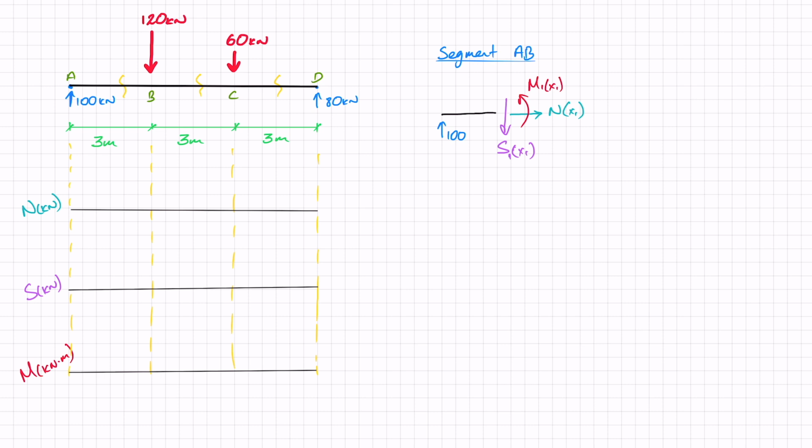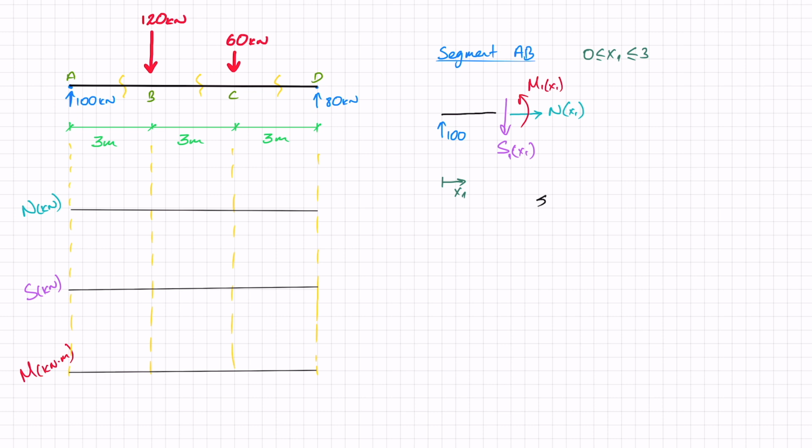Now, in segment AB, I'm obviously going to be looking from A until B. So I'm going to call that distance x1, and x1 is going to be between 0 where I start and up until 3, just where I hit that new concentrated load. So all we have to do now is write 3 equations of equilibrium to find out these internal forces.